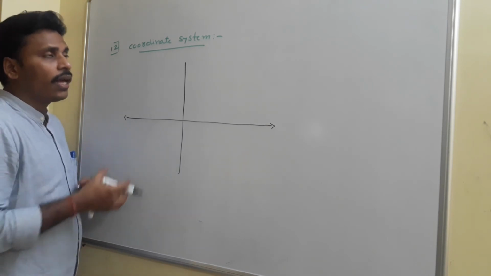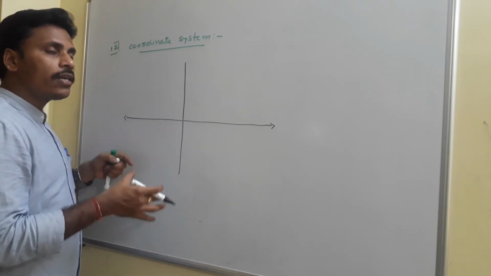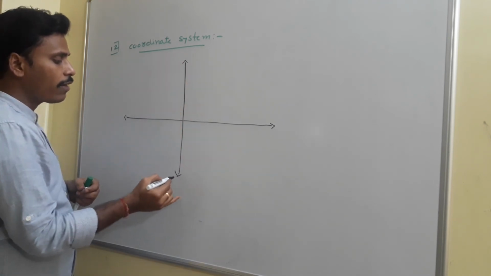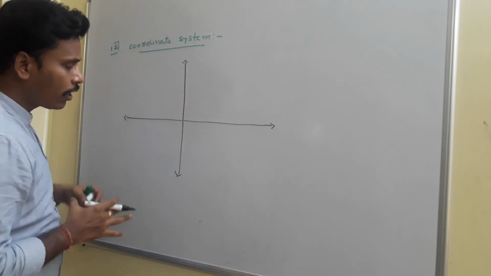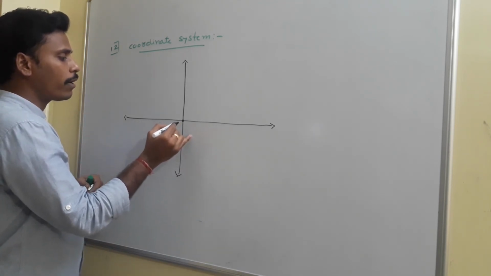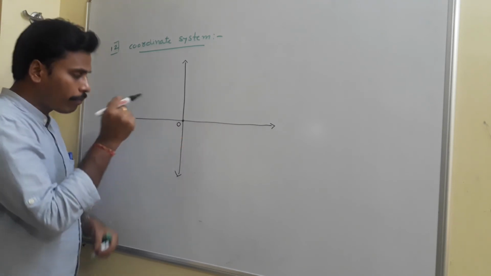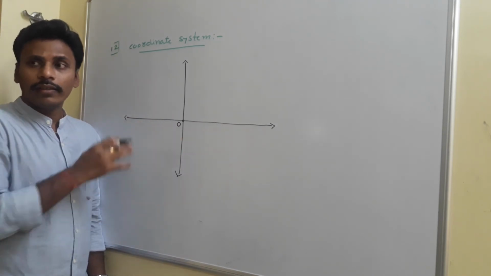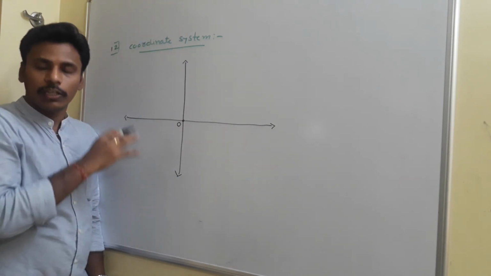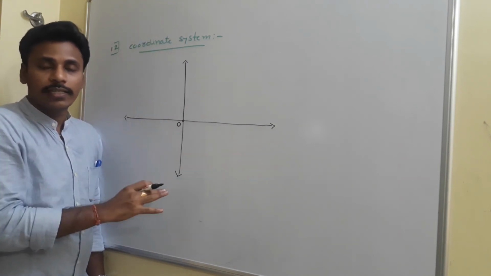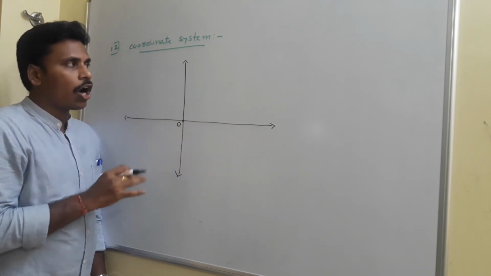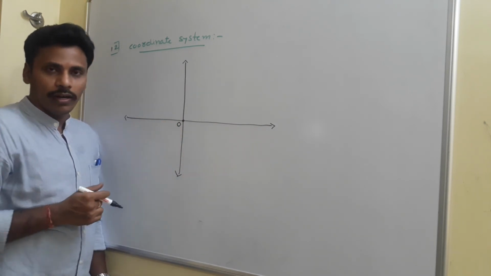What it does is, it divides the points of a plane into 4 parts initially, right? There are infinite number of points on a plane. If you consider two number lines arranged perpendicularly at their zero, then these two number lines will divide the total plane into 4 parts, and this is usually called the Cartesian plane, the coordinate plane, or the coordinate system.